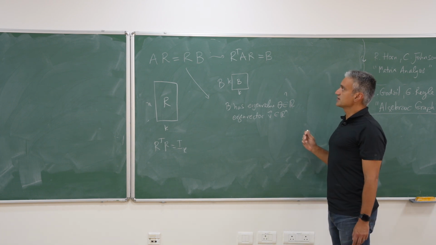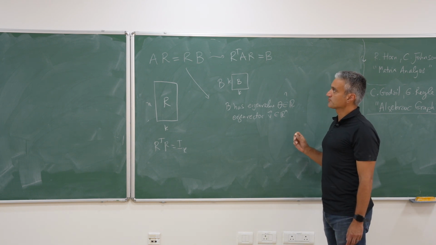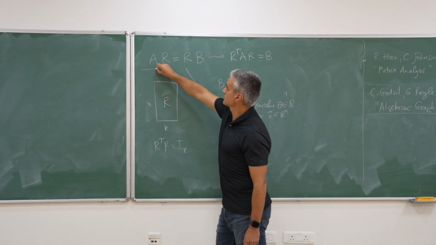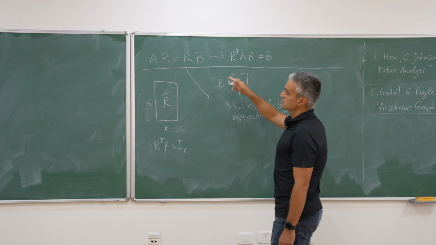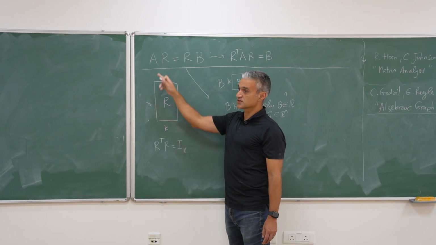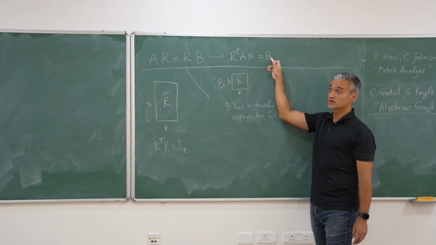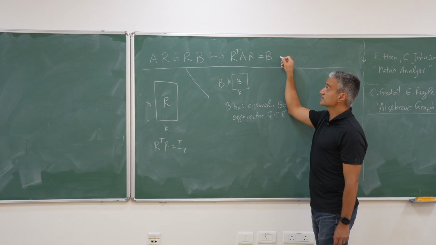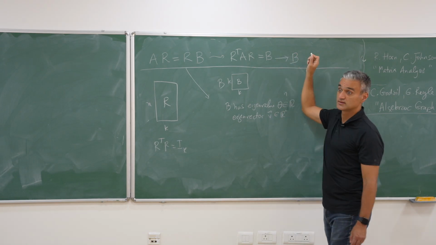I guess I didn't mention it in the proof, but you can go back: you have AR equals RB. You multiply on the left by R transpose, so you get R transpose AR equals B. And what is this going to tell you about B? It's symmetric.